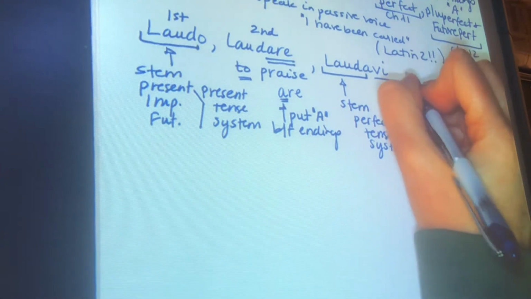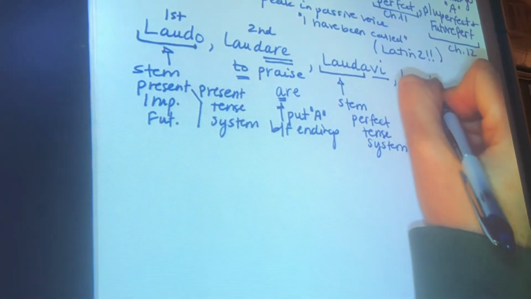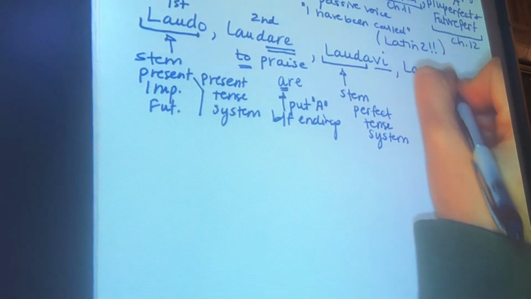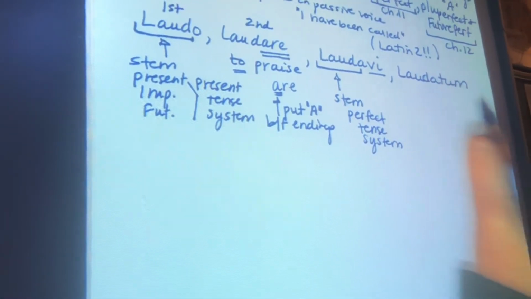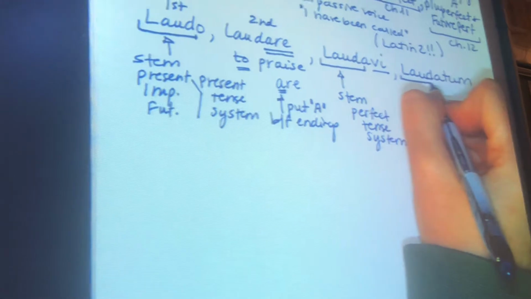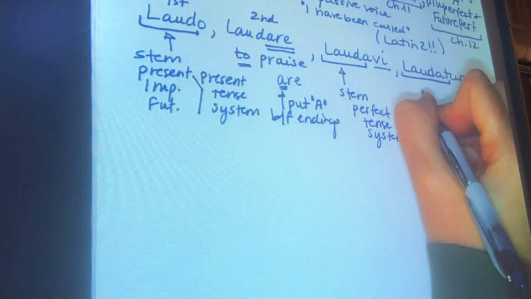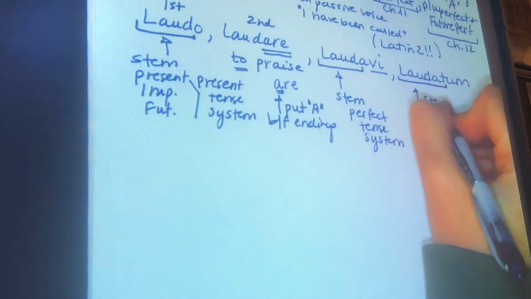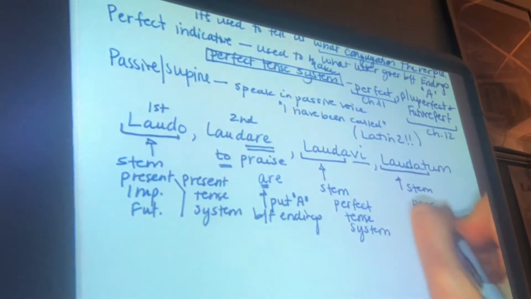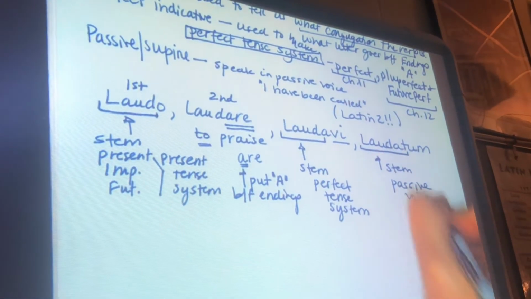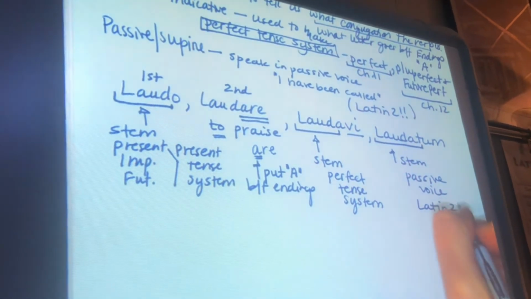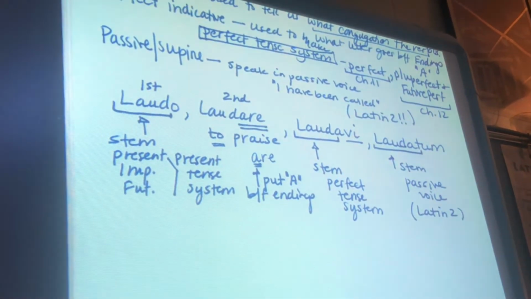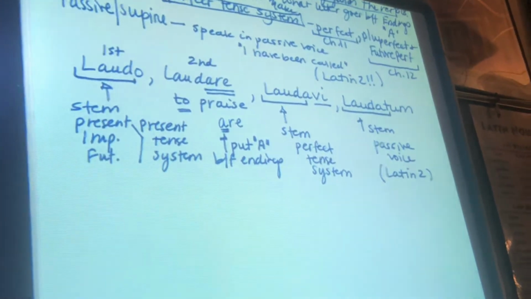And what does that look like? Laudatum. So this gives us the stem that we will use for the passive voice. But file it away, it's not until Latin 2.